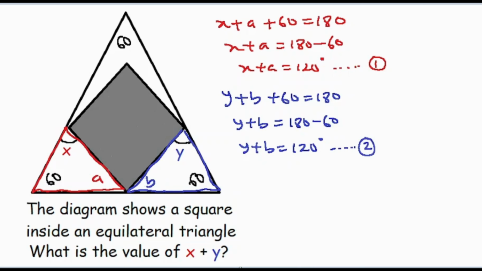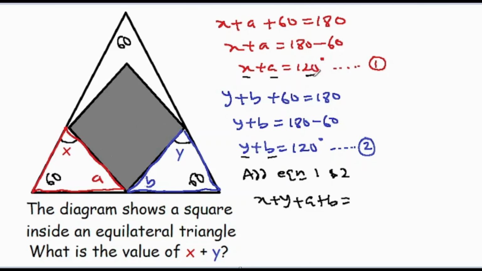Now, if you look at equation 1 and 2, if we add both equations together, then we can address the value of the sum of x and y. So let's add equation 1 and 2. We have x plus y, that's what we are looking for, and plus a plus b.